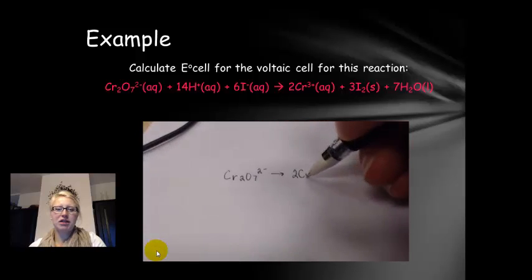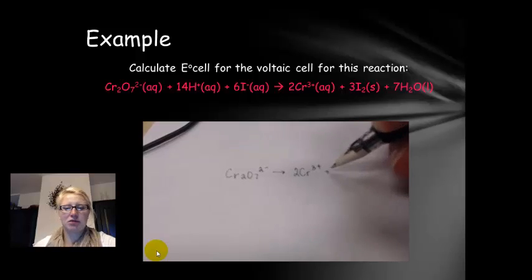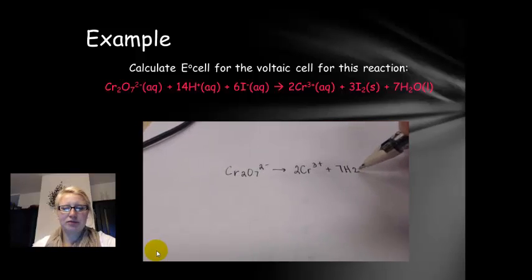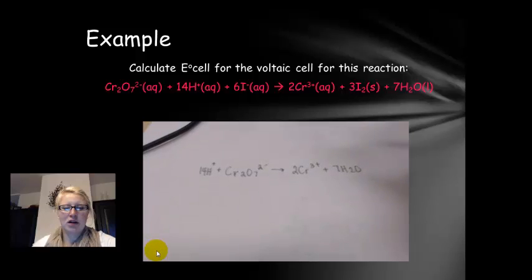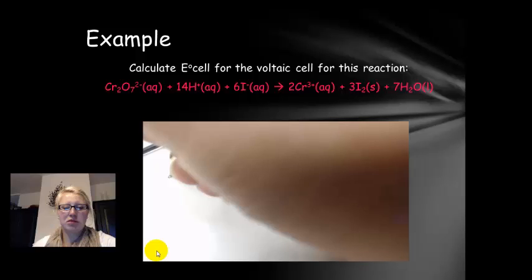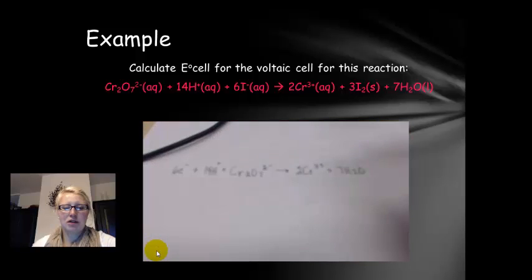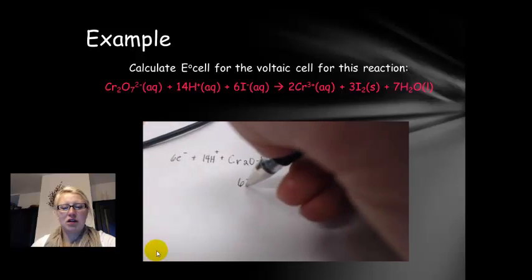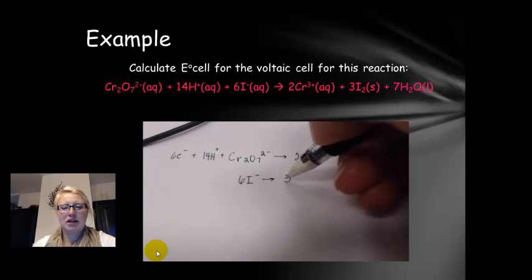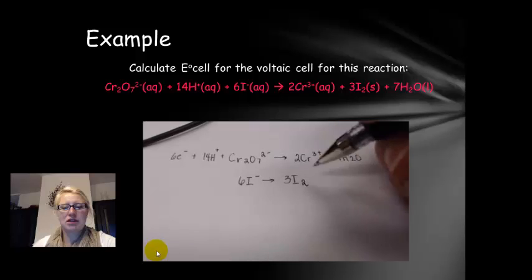And first we need to determine what's oxidized and what is reduced. So the chromium in this reaction is going from plus 6 to plus 3. So if you go through and assign your oxidation numbers, you'll see that. The iodine is going from minus 1 to 0.